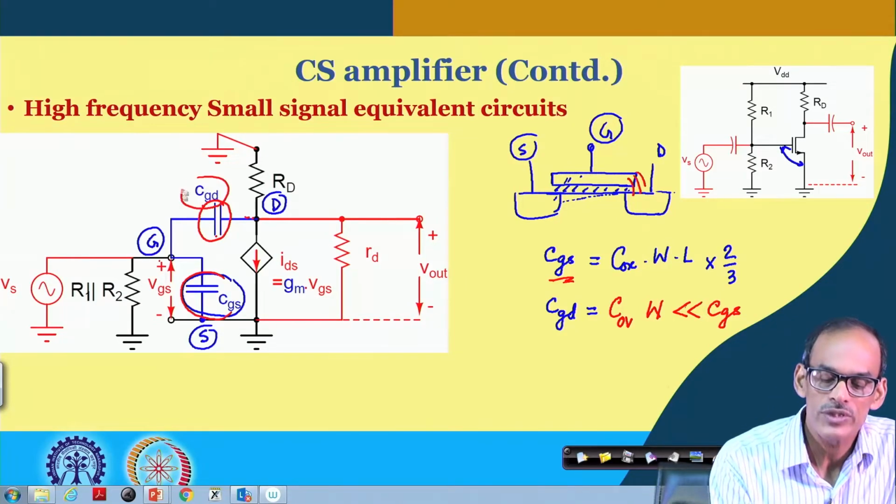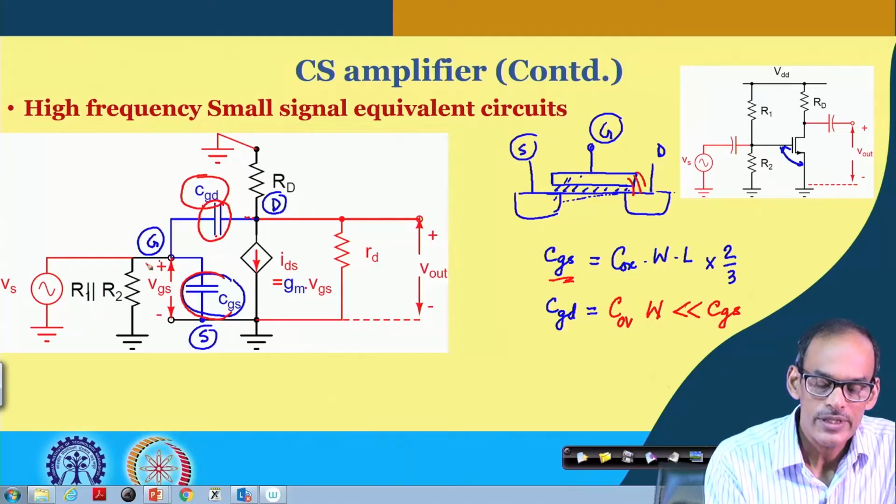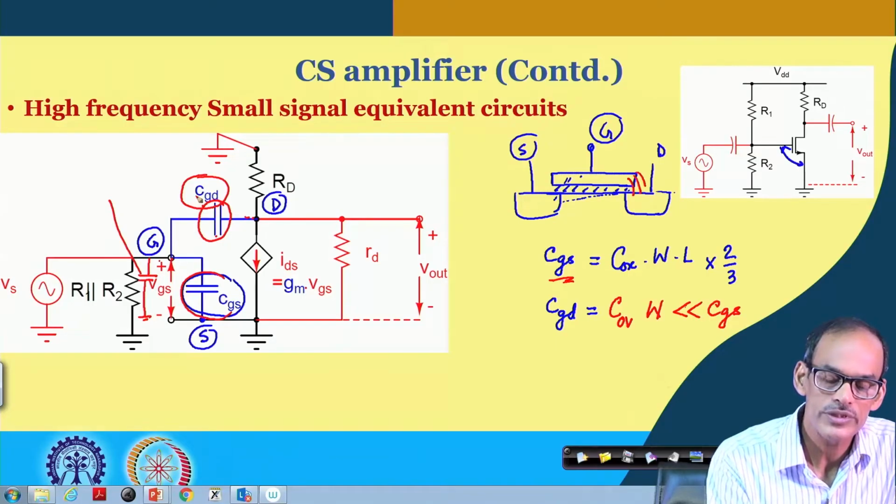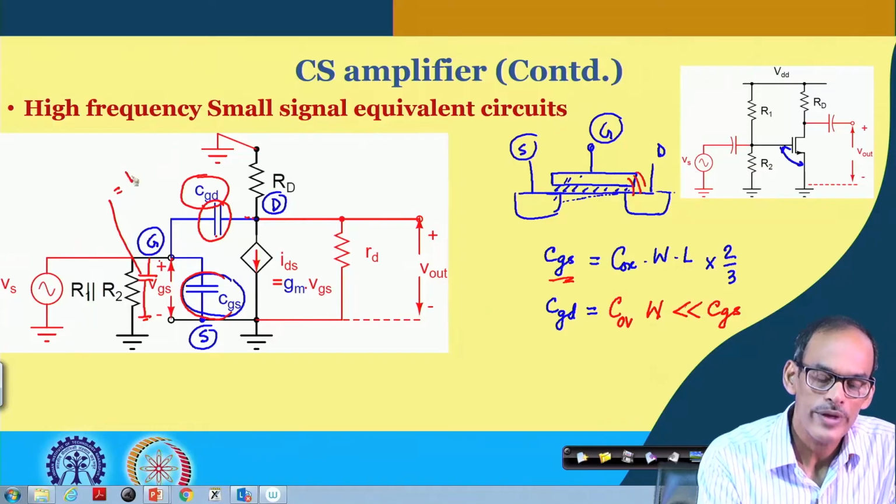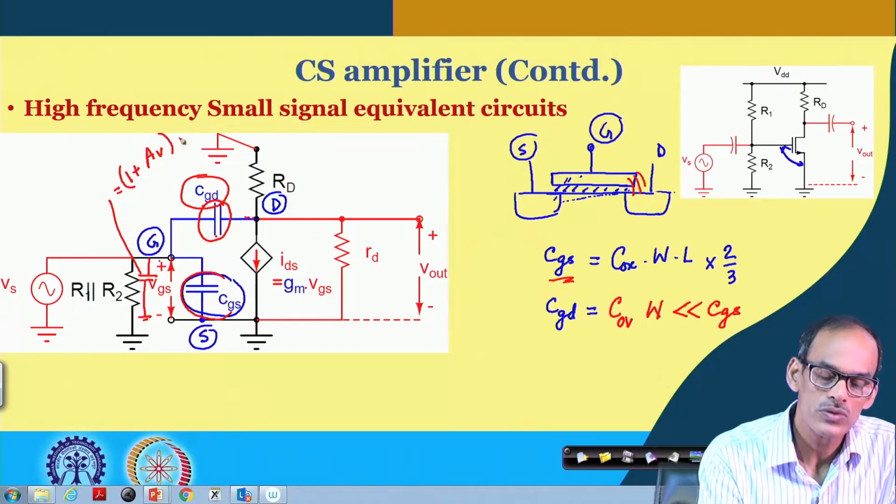The effect of CGD at the input port may be translated as an equivalent capacitance, and it equals 1 plus the magnitude of the voltage gain of this circuit, times CGD.